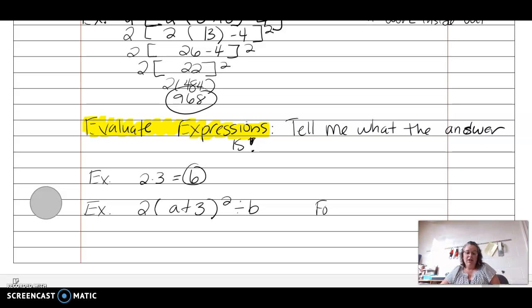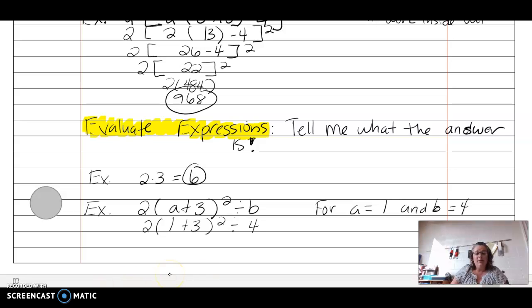So maybe I say for A equals 1 and B equals 4. All we have to do is plug and chug now. We know A is 1, so I'm going to put 1 in instead of A. Rewrite the problem. And then divided by B, well, B is 4, so I'm just going to rewrite that as 4.